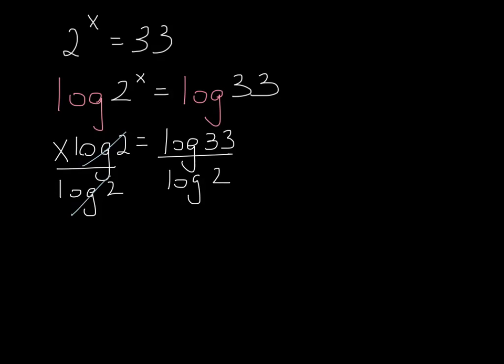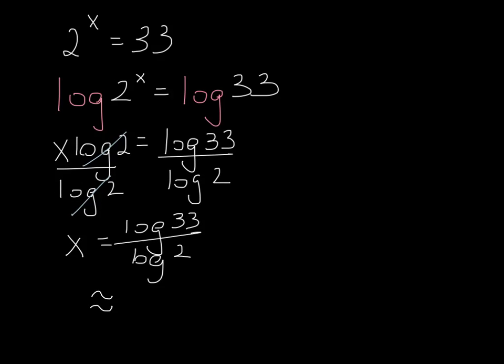This will cancel, and we get x equals log of 33 over log of 2. And if you type that in your calculator, you're going to get that this is approximately 5.044, which makes sense. If 2 to the 5 is 32, then 2 to 5.044 should be close to 33.